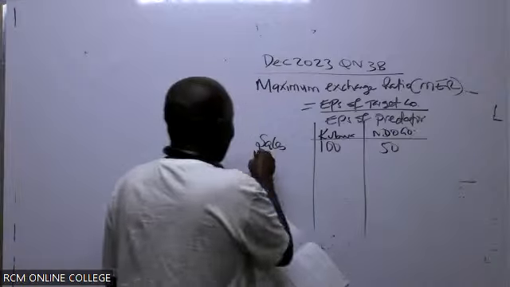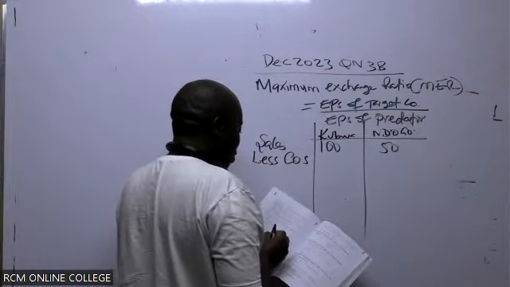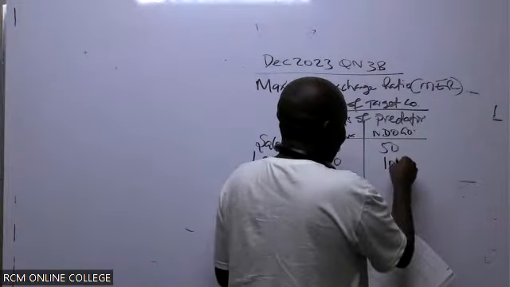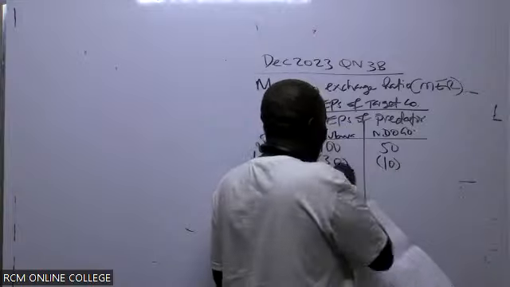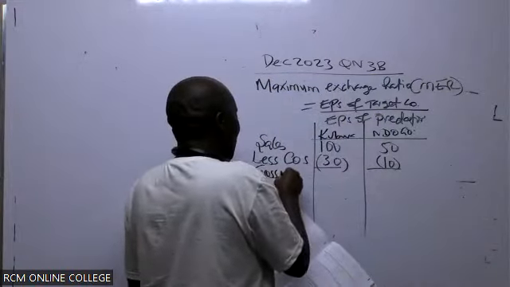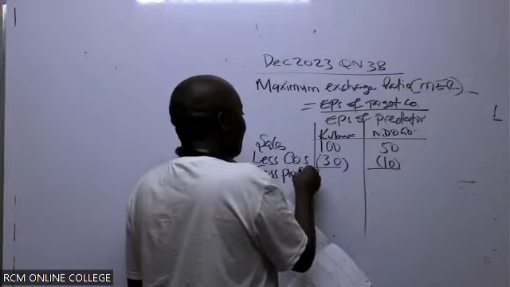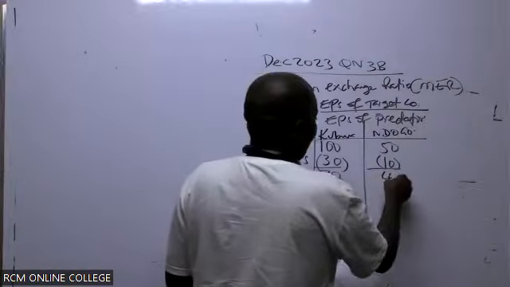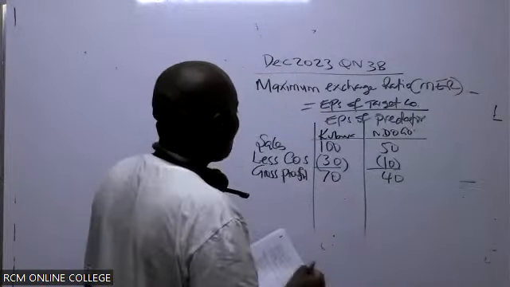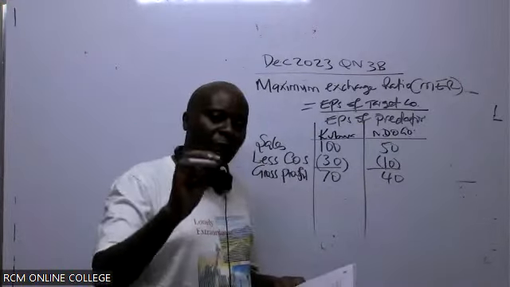Less cost of sales of 30 and 10. Of course, I can take a shortcut of just deducting everything without going through gross profit, but for your sake, gross profit here will be 70, here it will be 40.